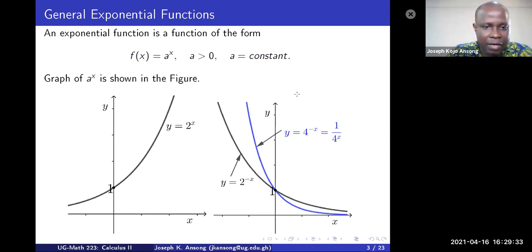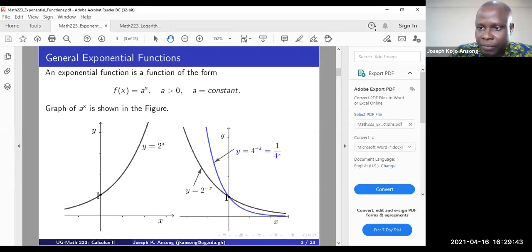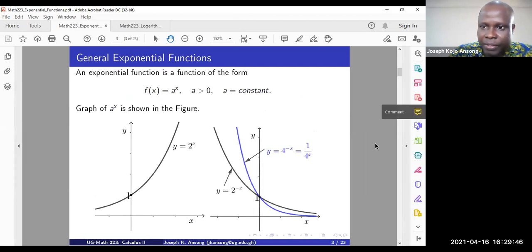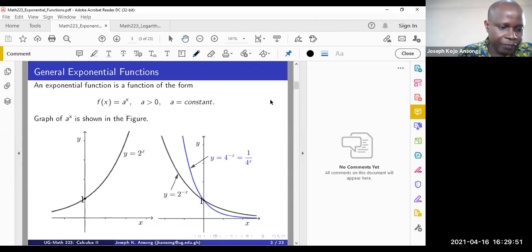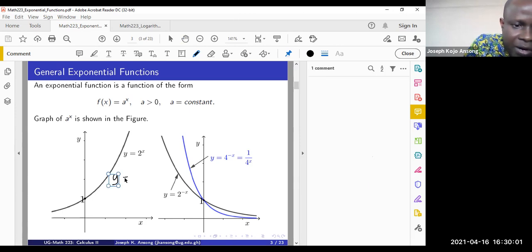Let me see if I can pull out my pen here, and then I can try to illustrate something. So you see that when x is negative, y is 2 to some negative number, right?